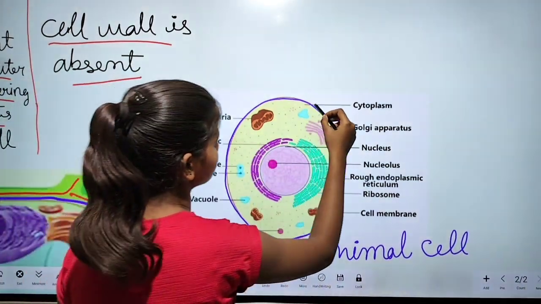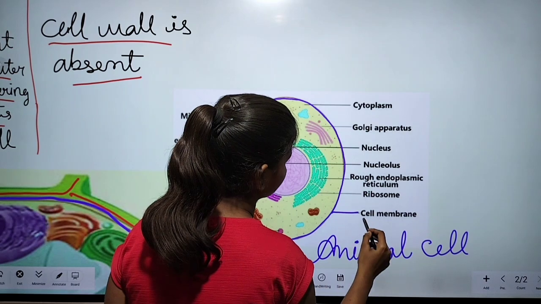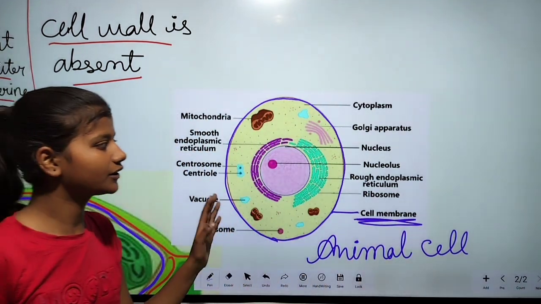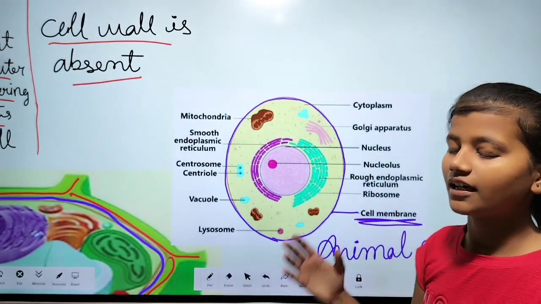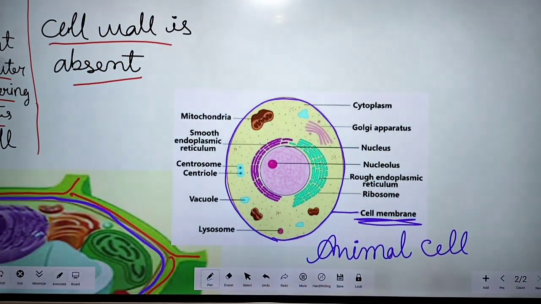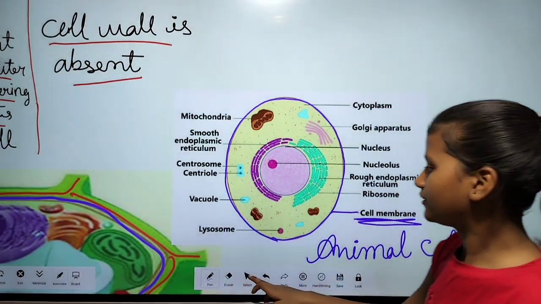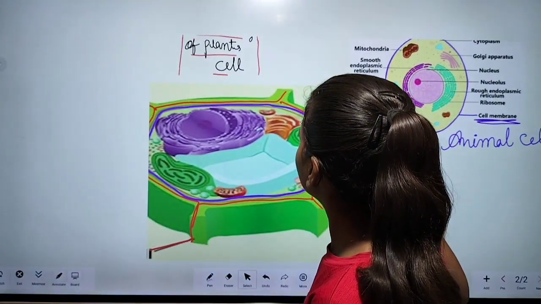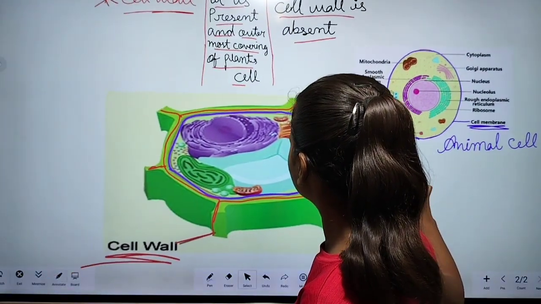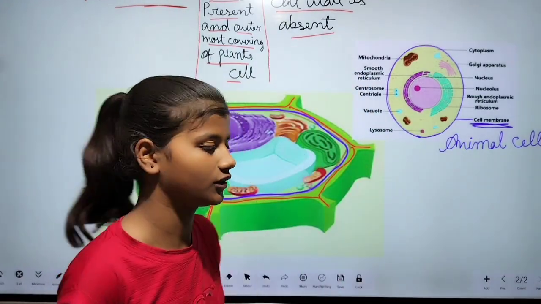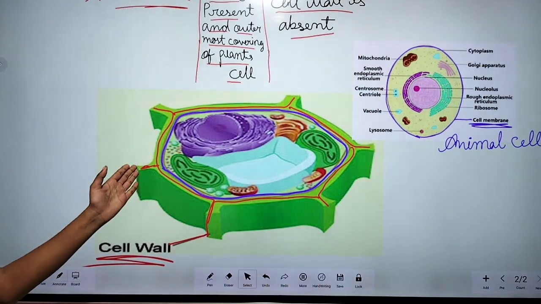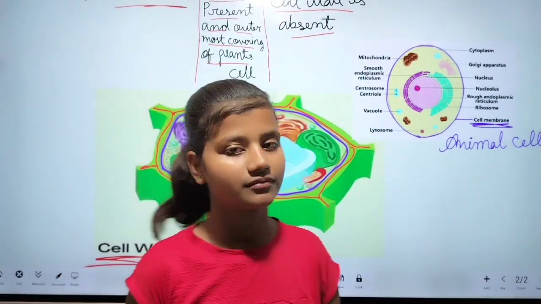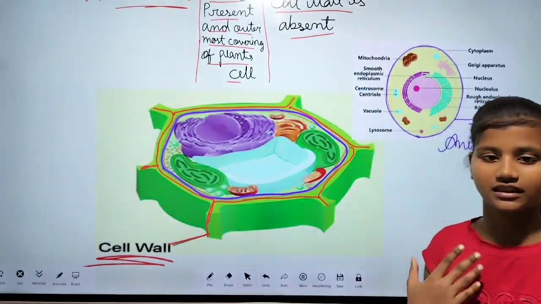This one is the cell membrane. The outermost covering of animal cell is plasma membrane, and the outermost covering of plant cell is what? Cell wall. And inside the cell wall there is plasma membrane, or you can also say cell membrane.